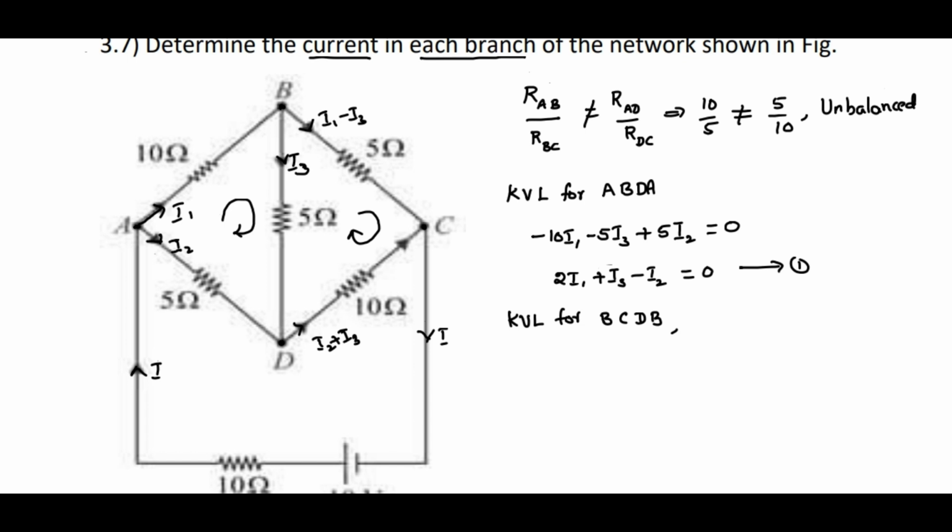From B to C, the potential difference decreases. So I will write minus 5 times, in the form of IR, resistance R into I1 minus I3. And from C to D, I am writing plus 10 into I2 plus I3. And from D to B, I am writing plus 5 I3 is equal to 0.